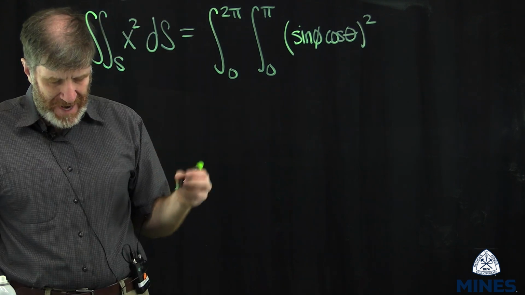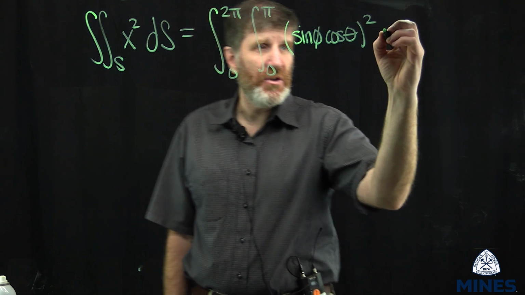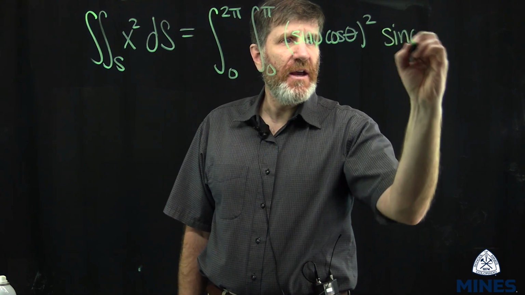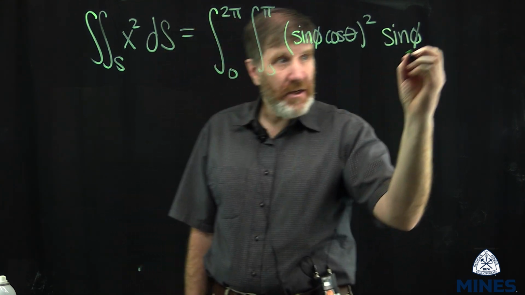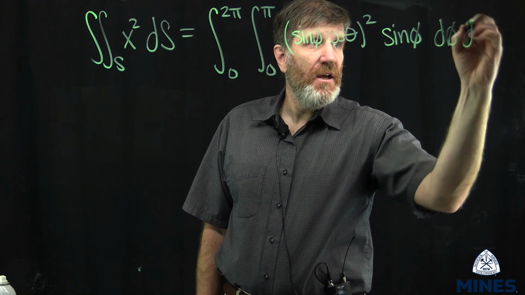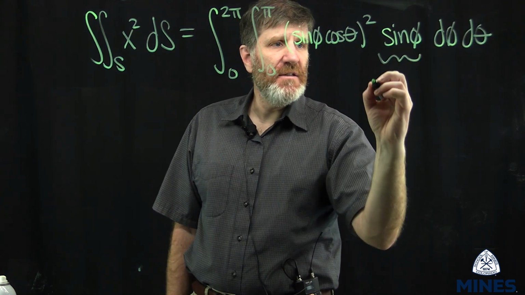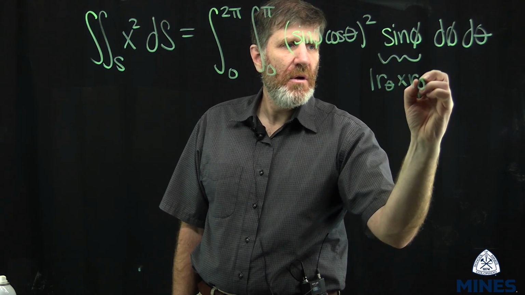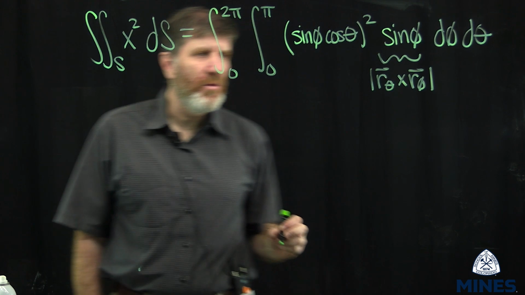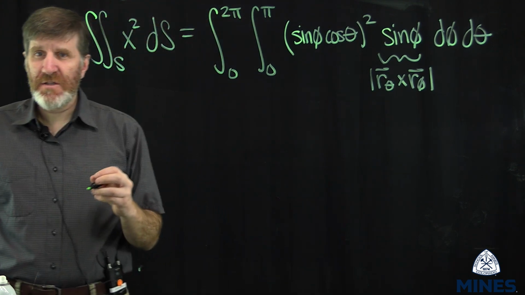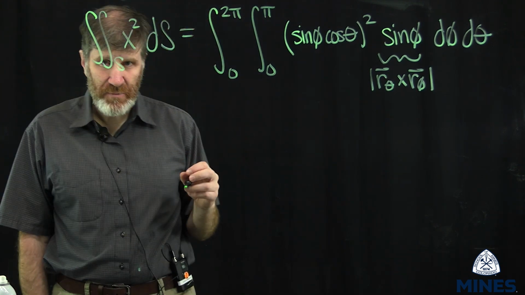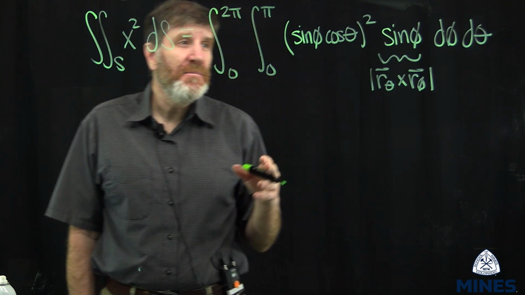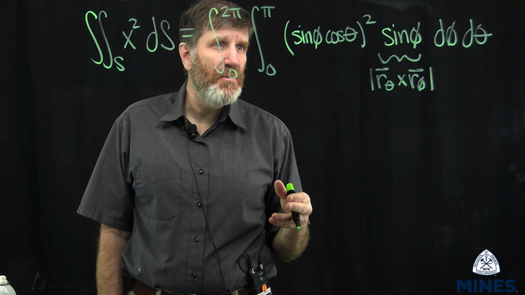And then we have the magnitude of the normal vector, which is sine phi, and then it is d phi d theta. This is the magnitude of the normal vector, the cross product of those two tangent vectors that we found before. That comes out to be sine phi. So that is the integral that we need to compute.